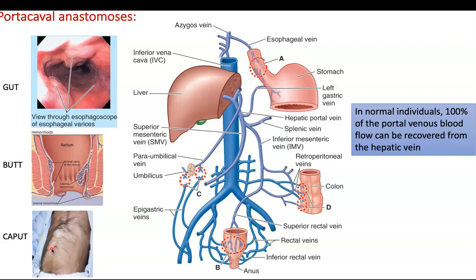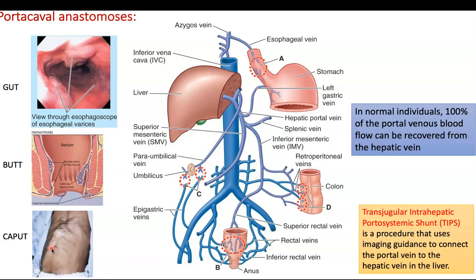Okay, so if this happens, as I said, we cannot keep these things untreated, because these varicose veins around these areas may get busted and then cause serious hemorrhage, which can be life-threatening. So to alleviate this situation, one procedure that is commonly used is called transjugular intrahepatic portosystemic shunt.